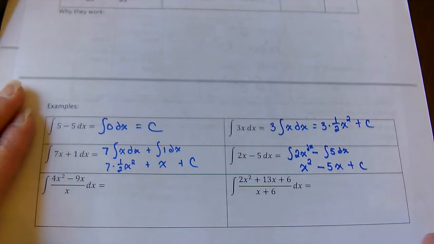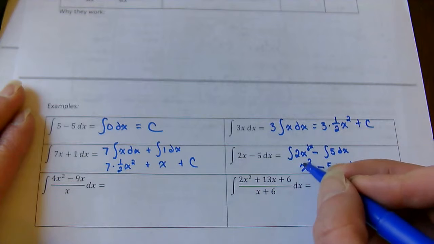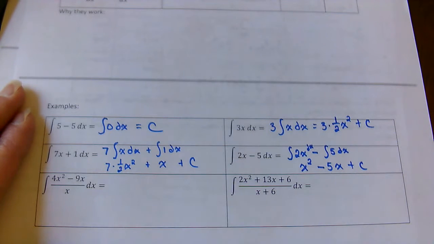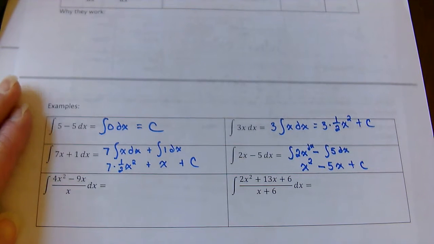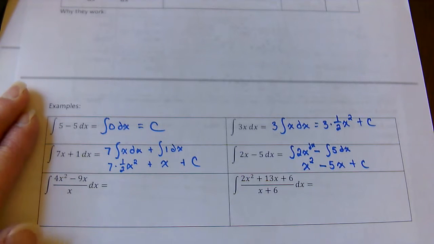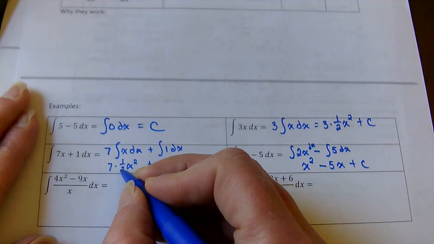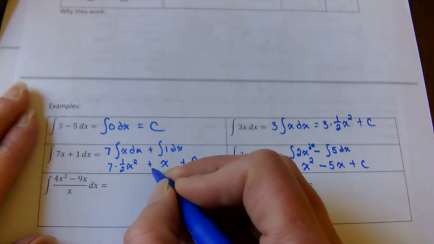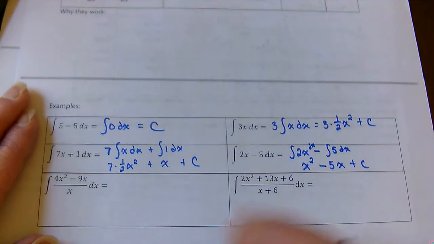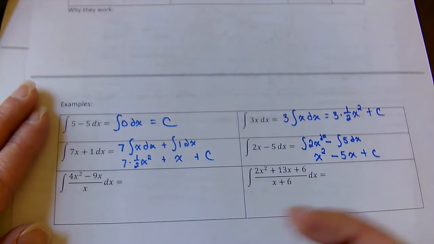And let's think about that. Would that work? 2x minus 5. Yes, it works. You can always double check by taking that derivative. If I took the derivative here, bring the 2 down, those cancel. 7x plus 1, and the constant would be 0.